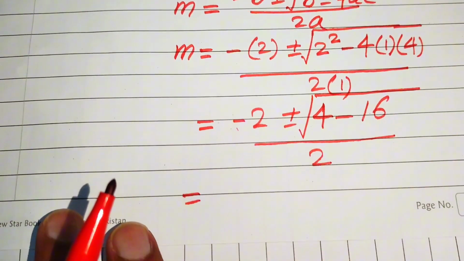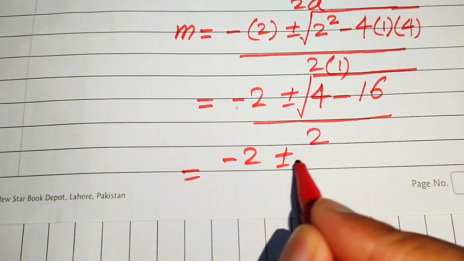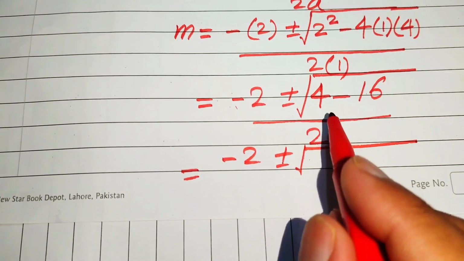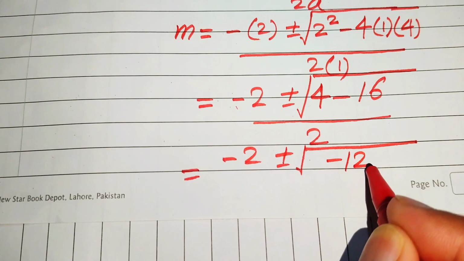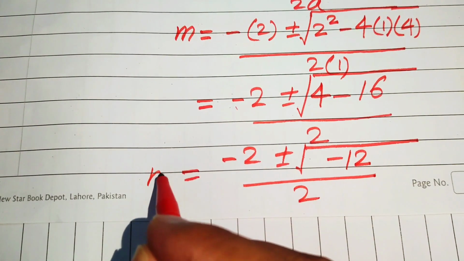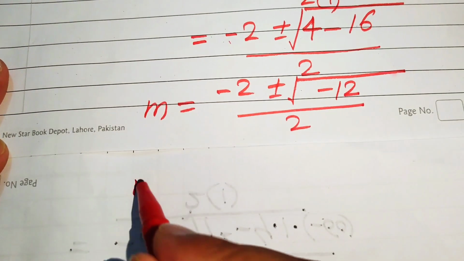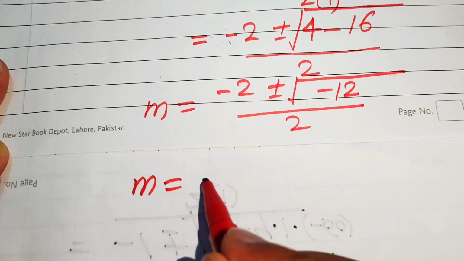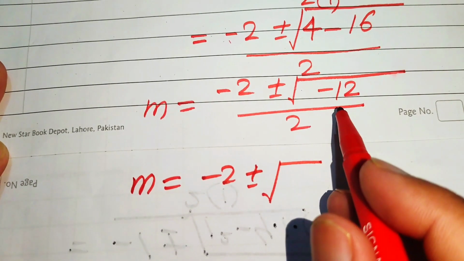In the next step, we have minus 2 plus minus square root of 4 minus 16, which equals minus 12, and this is divided by 2. So here we have m equals minus 2 plus minus square root of minus 12.